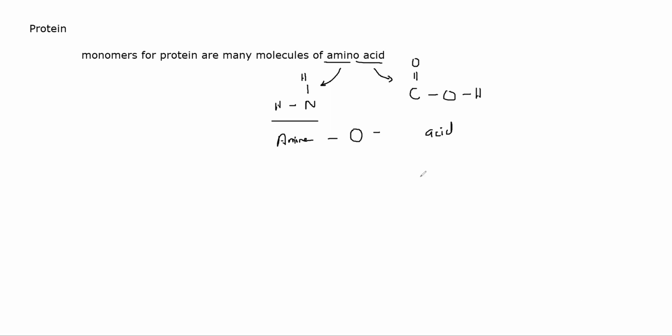So if we draw the monomer, the amine group is there. Amine group means NH. And the carboxylic group is there, C double bonded with O and OH. The two functional groups are linked by a carbon chain, so between them there are carbon atoms.